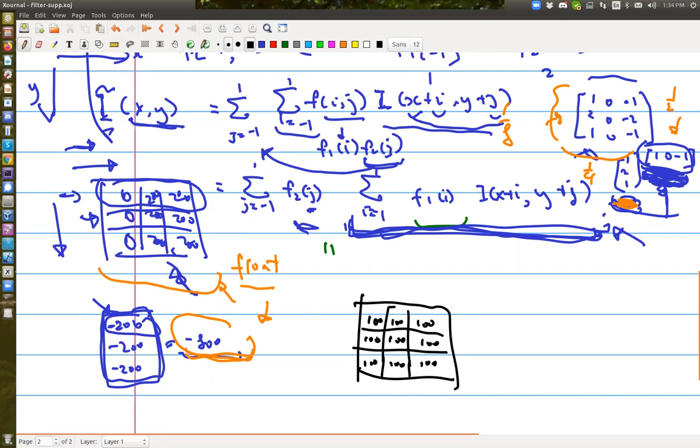If I apply the filter on this, what's the filter output for this one?